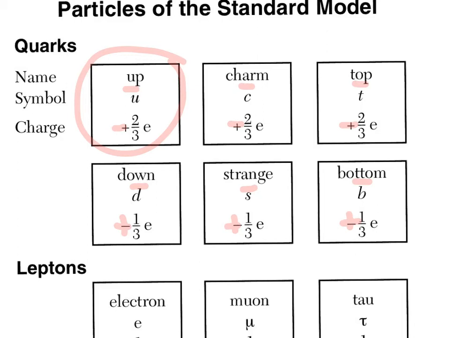Let's see if we can make a neutral. So if we take a strange again, and we take our anti-bottom, we have a negative 1/3 and a positive 1/3, which ends up being neutral. That's a 0E. So you're adding the charge together to make a +1, -1, or 0 electric charge.